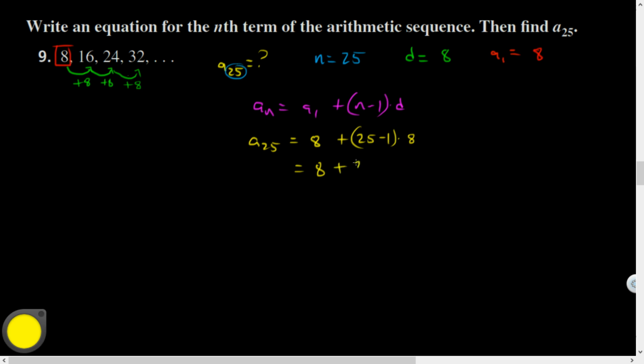So 8 plus 24 times 8. 8 plus 192. The 25th term is... 200. Was that the same one you got with your strategy? Nice.